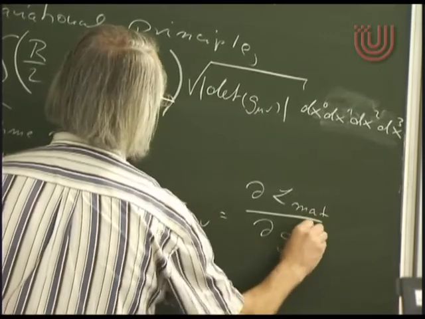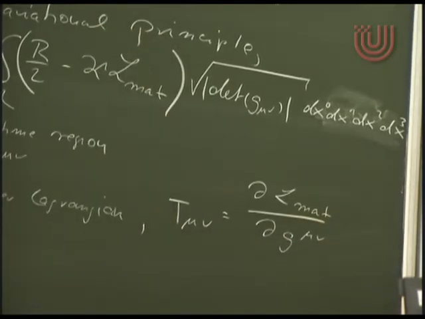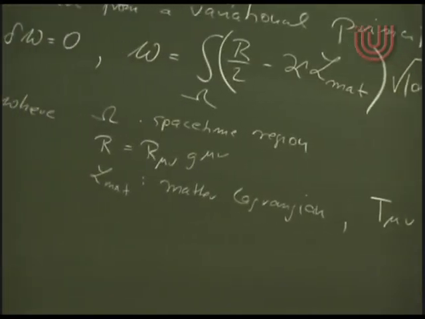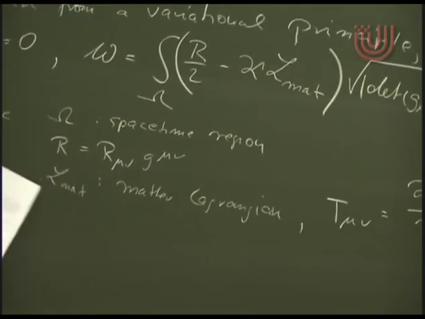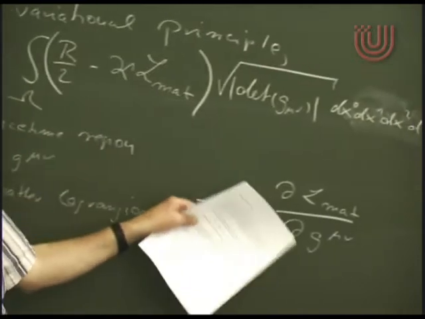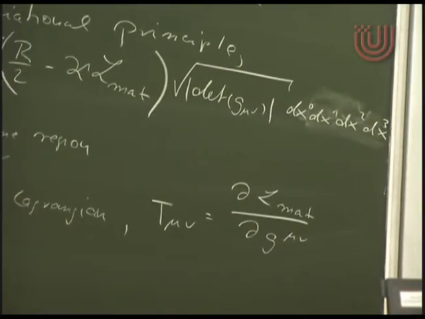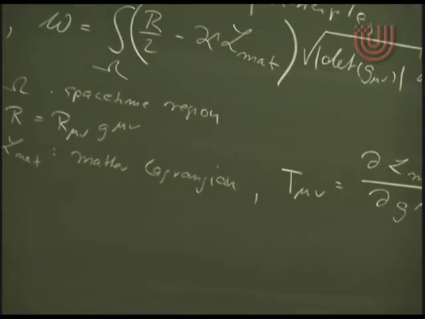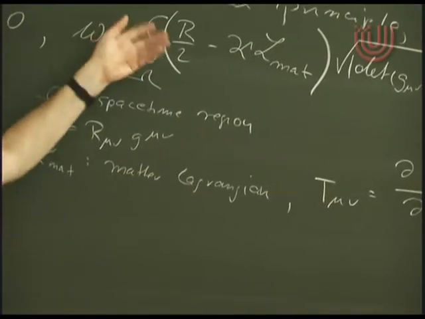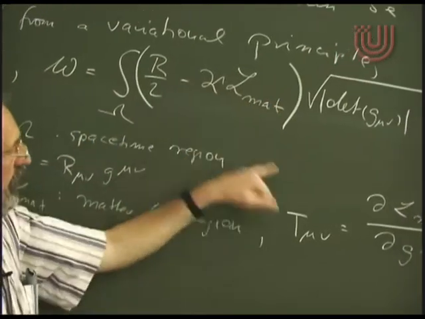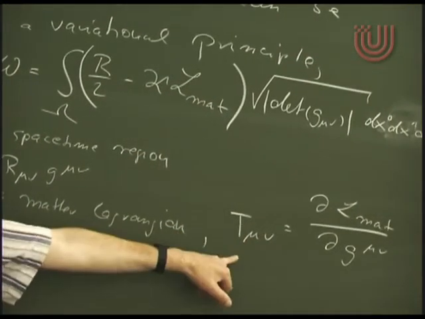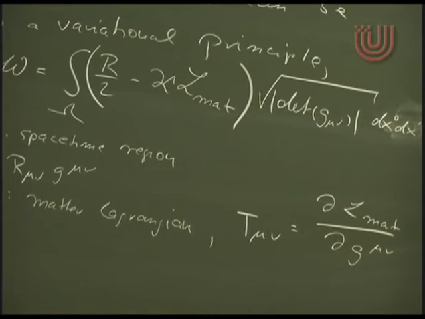This involves the matter fields and the metric, and if I take the derivative with respect to the metric, then I get the energy momentum tensor. So if you write down the Euler-Lagrange equations for this action, these derivatives will occur, and that's how the energy momentum tensor comes into the game.